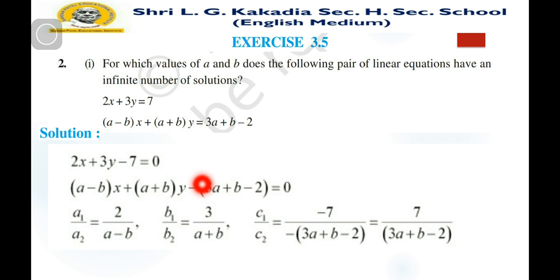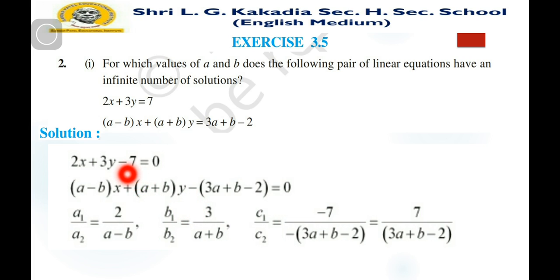Now, comparing with the standard form of a pair of linear equations, we get a1 is 2 and a2 is a minus b, so a1 by a2 is 2 by a minus b. b1 is 3 and b2 is a plus b, so b1 by b2 is 3 by a plus b. After that, c1 is minus 7 and c2 is minus (3a plus b minus 2).